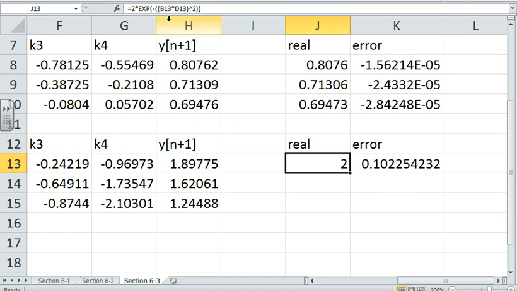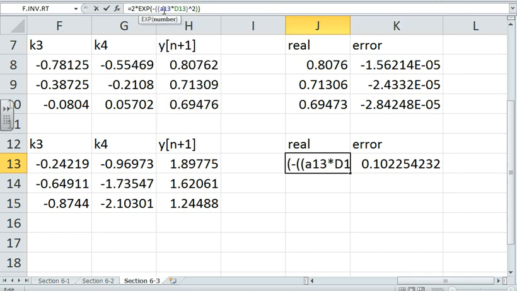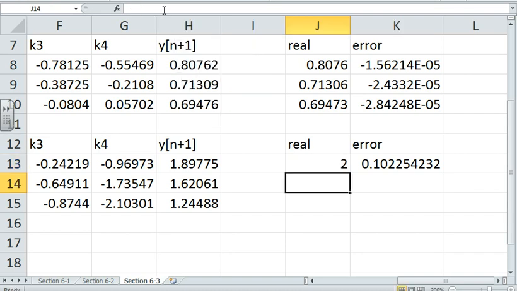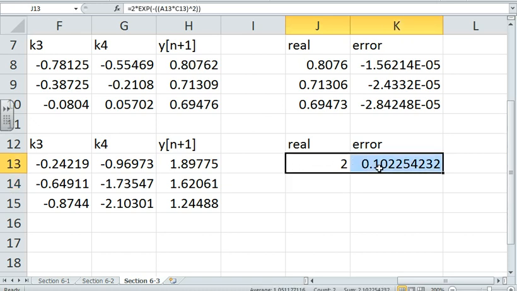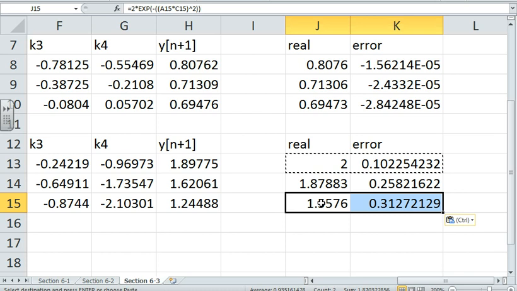Okay, so X. So that means this has to be an A, and this has to be a C. X13. That's still not what I was expecting. I was expecting something better than that. Huh, very interesting.